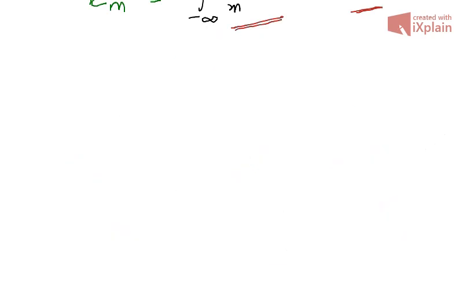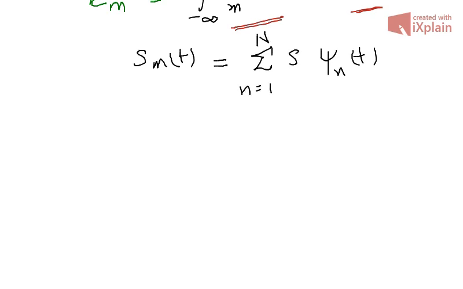Now once we find these scalar values, we can write our signal in vector form. Our Sm of t can be written as a linear combination, a summation of psi n of t for n from 1 to capital N, with these scalars.